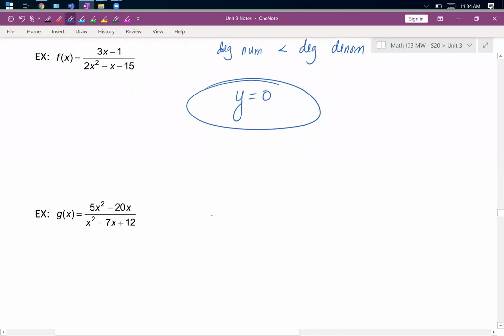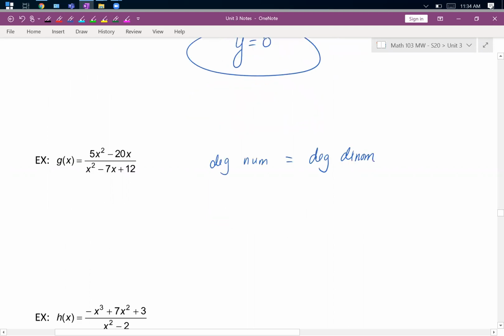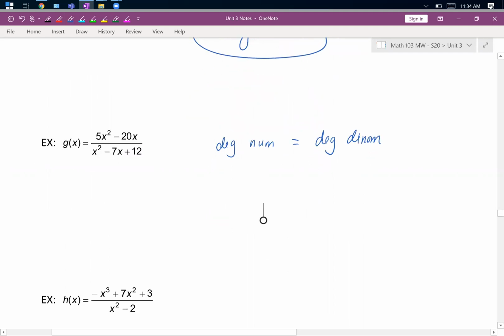In our next example, the degree of the numerator is equal to the degree of the denominator. So the value of x is growing at approximately the same rate. The only thing that makes a big difference is our multiplier out in front.